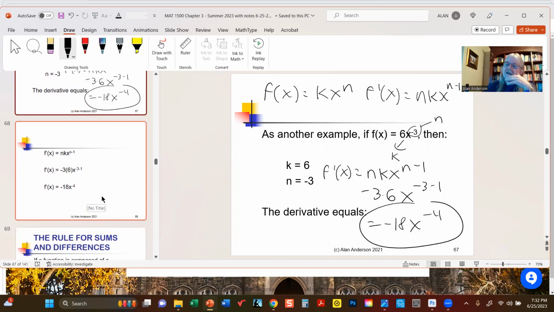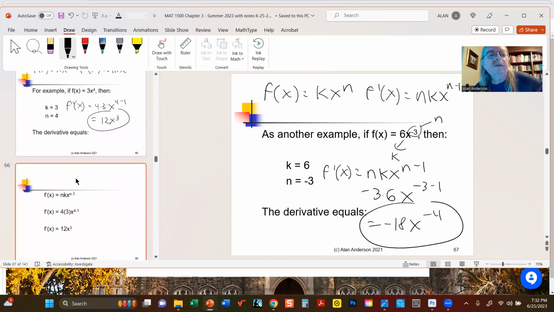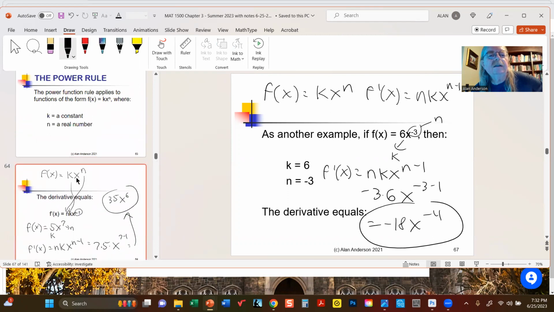Now, I'm going to show you an interesting result. It turns out the constant rule is just a special case of the power rule. What do I mean by that?